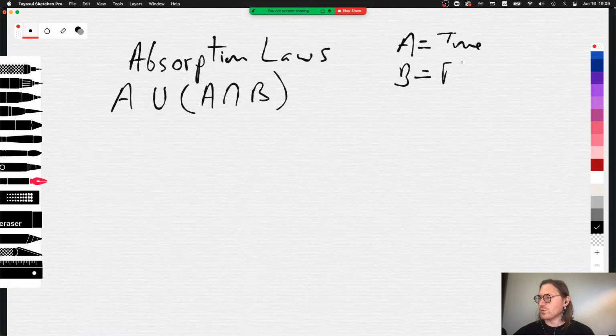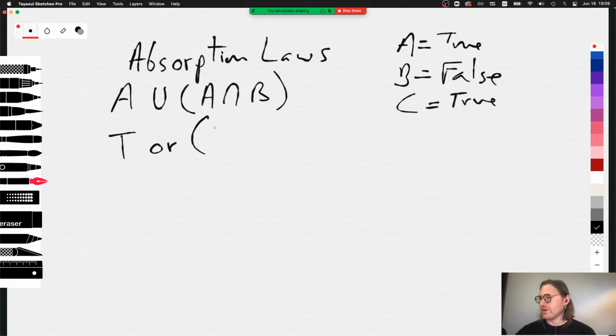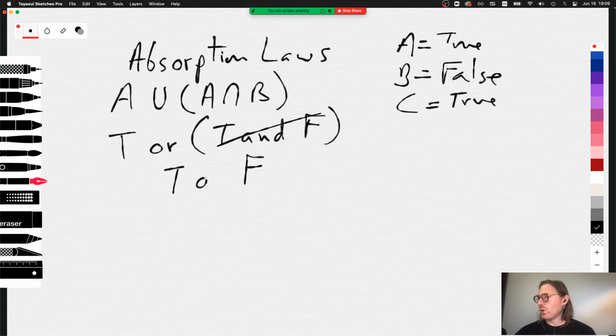I think we'll just use the same thing we used before, and C is true. Let's fill this in. So this is true. We'll use or instead of union, and this will be true and false. So true and false, well, that's obviously false. True or false is true.